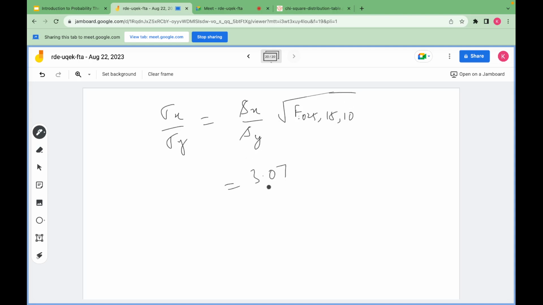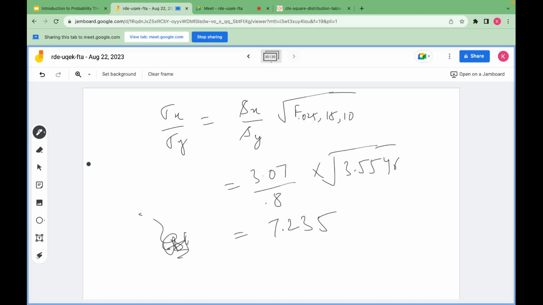This is 3.07 divided by 0.8 into, this value comes out to be 3.5546 from the table. So when we calculate, this value comes out to be 7.235. This will be the upper bound for sigma x by sigma y.